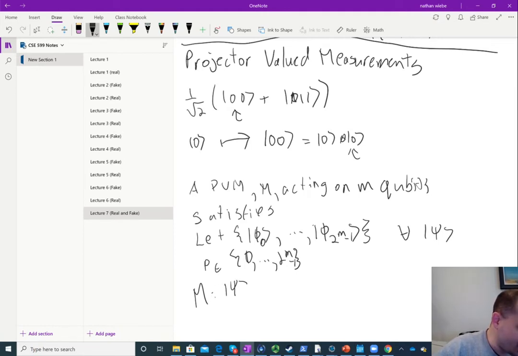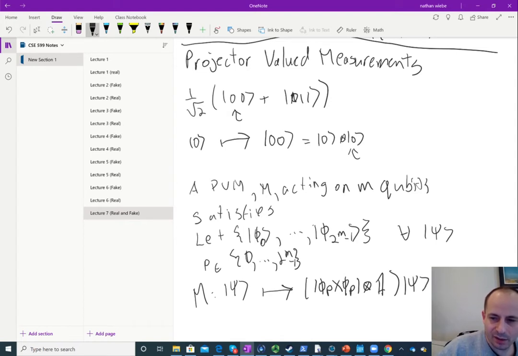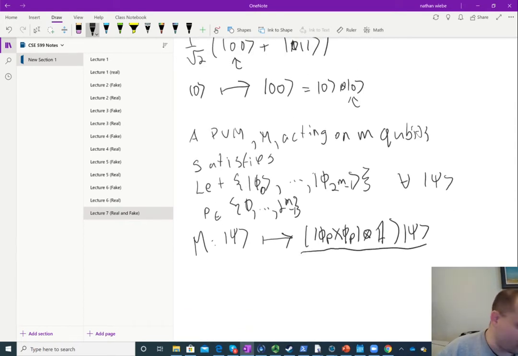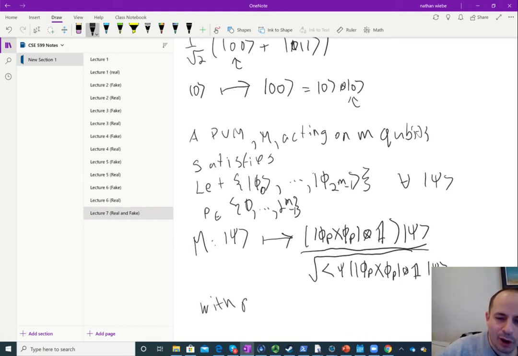maps psi to (<phi_p| tensor identity) psi, divided through by the square root of <psi|(|phi_p><phi_p| tensor I)|psi>, with probability. So this is not a deterministic map.